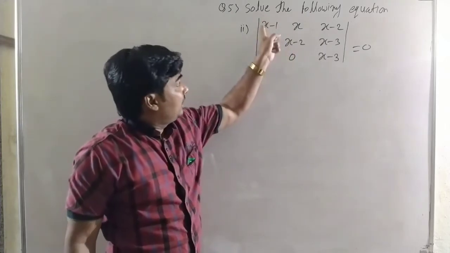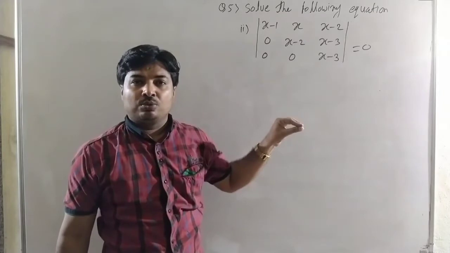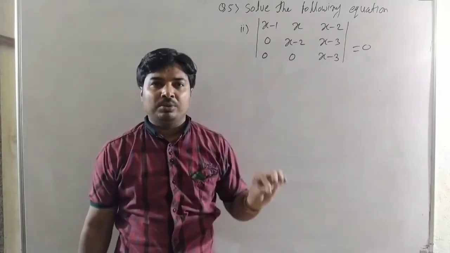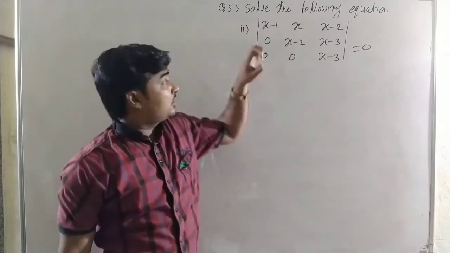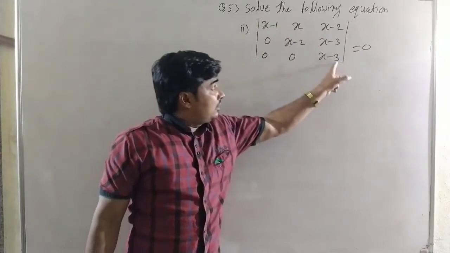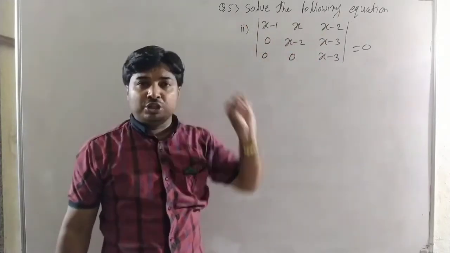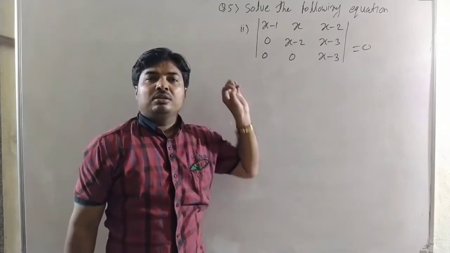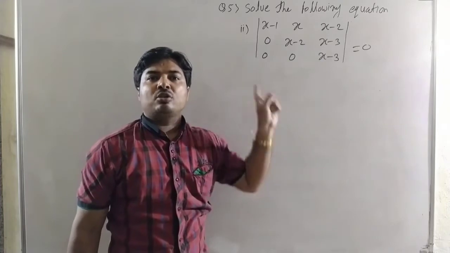Here it is a diagonal, and all elements below the diagonal are 0, then the value of the determinant is the product of elements in the diagonal. Okay, it is a property of determinant. If all elements below the diagonal or above the diagonal are 0, then the value of the determinant is the product of the elements of the diagonal.